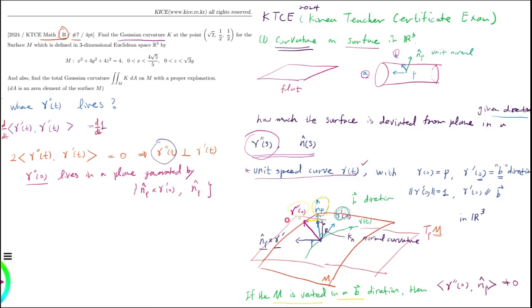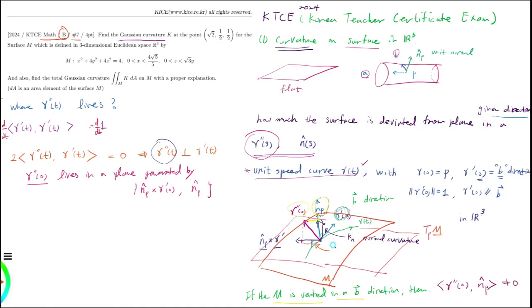And the other information does not contribute to how much the surface is curved, but to how the unit speed curve oscillates or changes its direction in the same tangent plane.